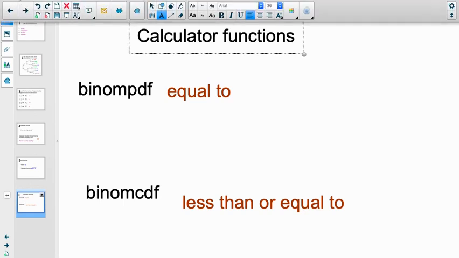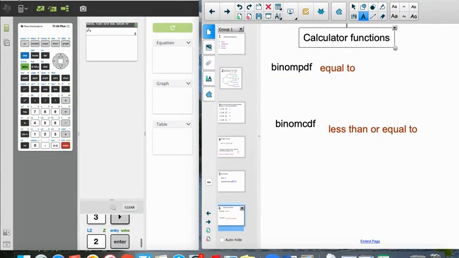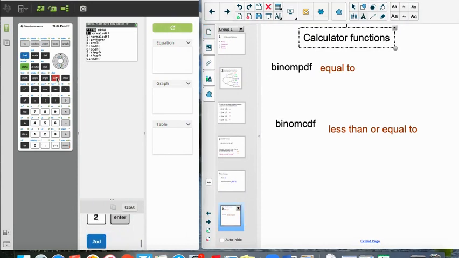Now those calculator functions: second vars gets you to the distribution menu. And if you go down, A and B on this calculator are binomPDF and binomCDF.